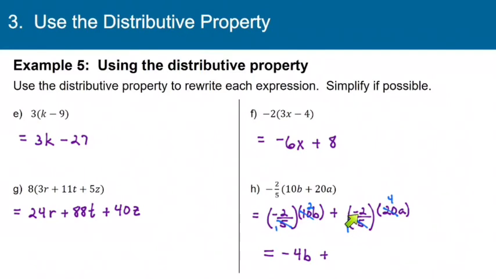So we're going to have here negative 2 times 4 times a, that's negative 8a. Okay, now so far we have negative 4b plus negative 8a, and remember that instead of writing plus negative, we always change that back to just minus. So we'll end up with negative 4b minus 8a.